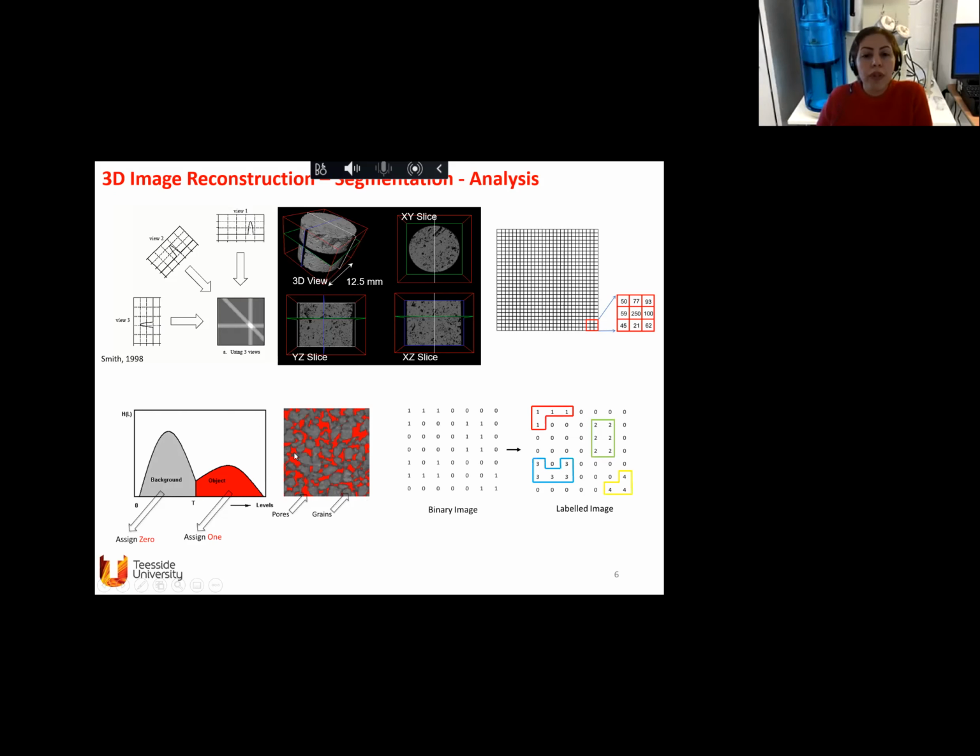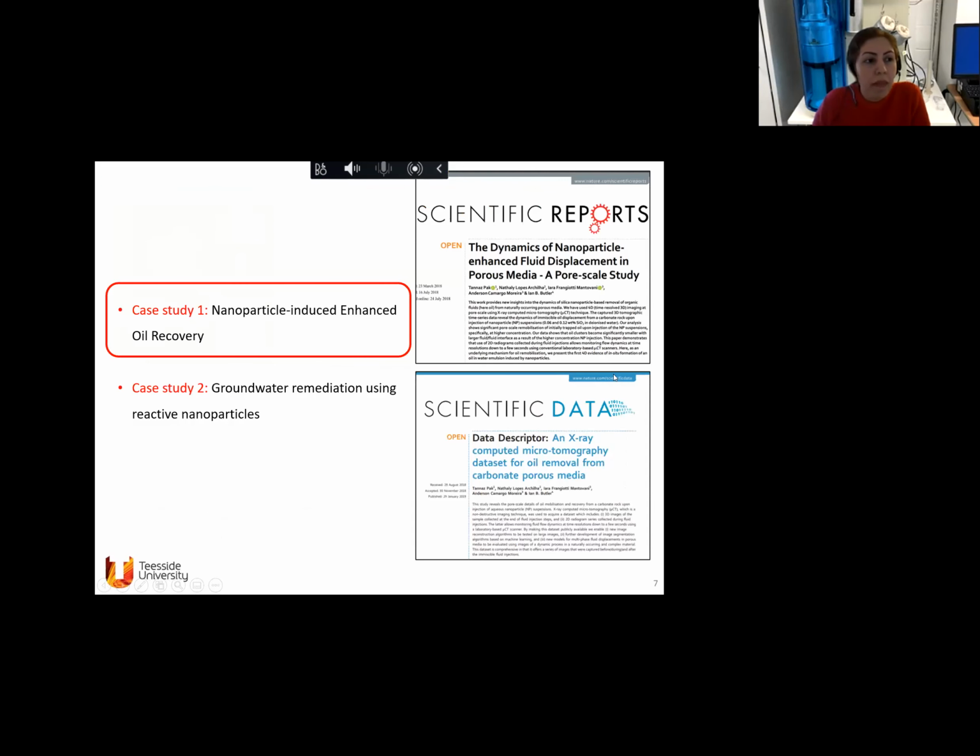If you want to take it further and understand what happens to a single object, you could do that as well. You could isolate a specific grain or a specific pore and do all sorts of measurements to understand what happens during the process that you're studying. So that's just a brief introduction of the technique.